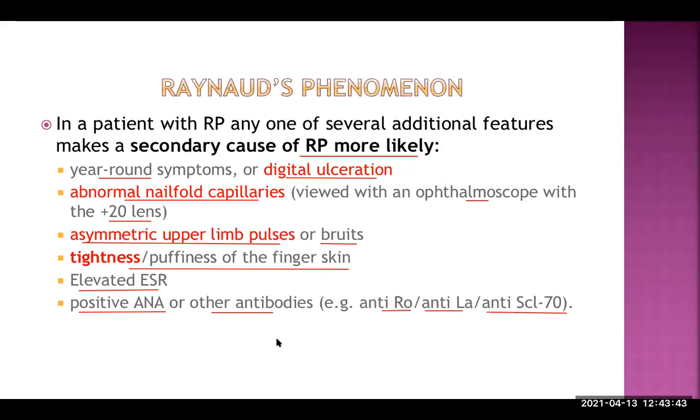Otherwise, if the patient is quite young, especially female, and she is developing Raynaud phenomena when she is exposed to cold, it is highly unlikely that she is having other connective tissue disorders inside her. So this is what Raynaud phenomena is all about.